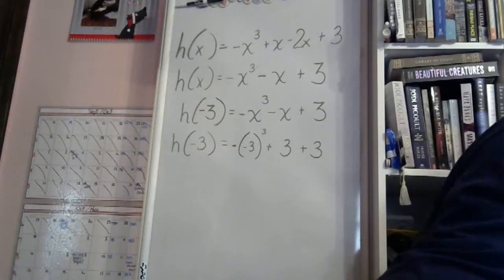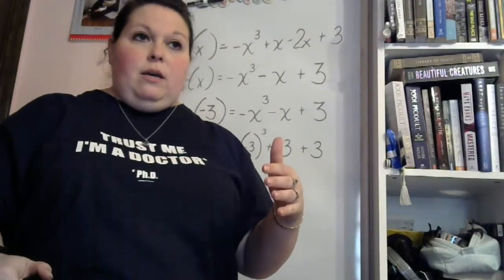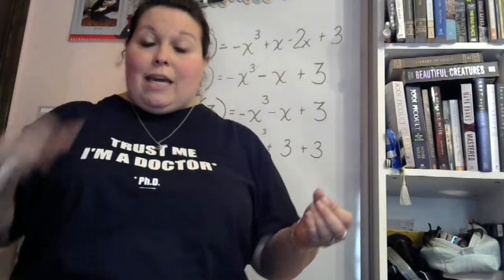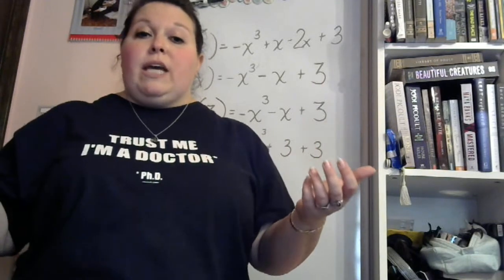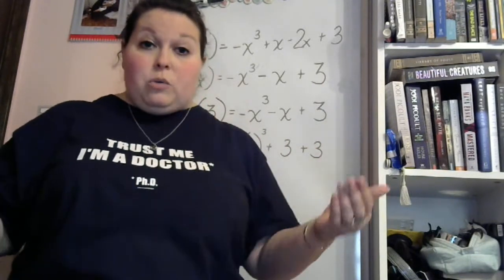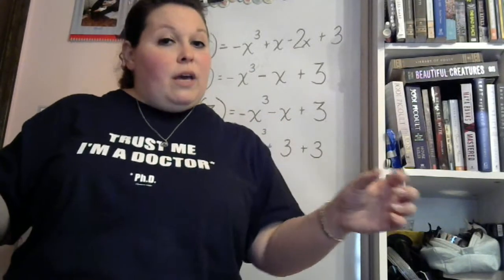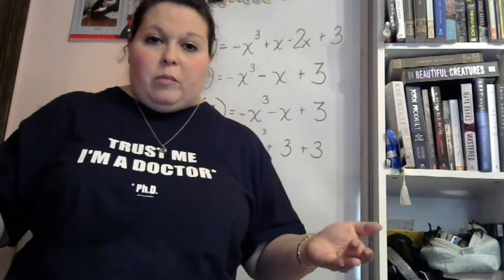Okay, so anytime we take a negative number and multiply it by itself 3 times, it's going to stay negative. Because when you multiply a negative times a negative, 2 numbers, it turns into a positive. Well, then you take that positive and multiply it by another negative, so 3 numbers, now we've got a negative number.